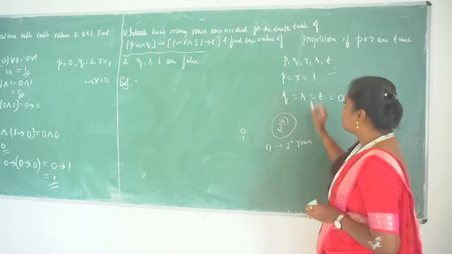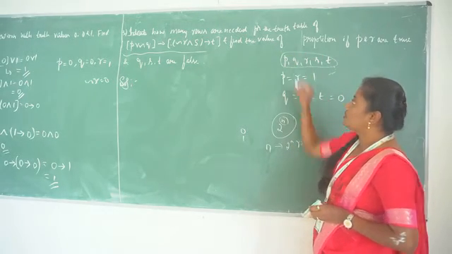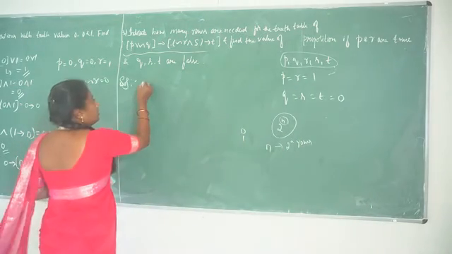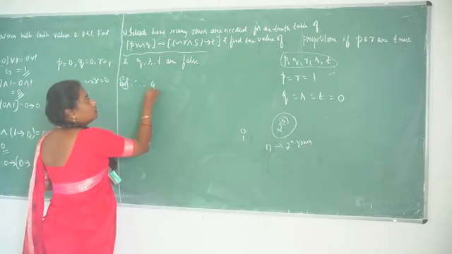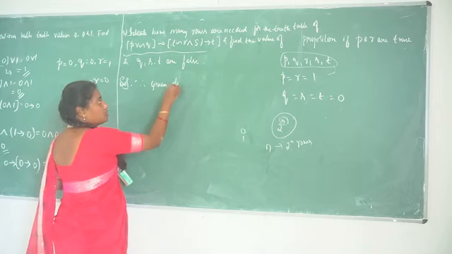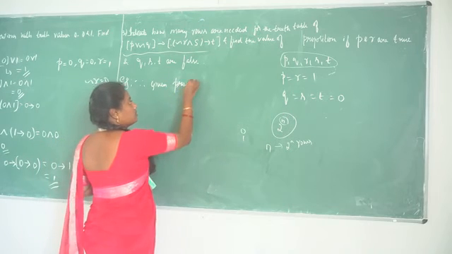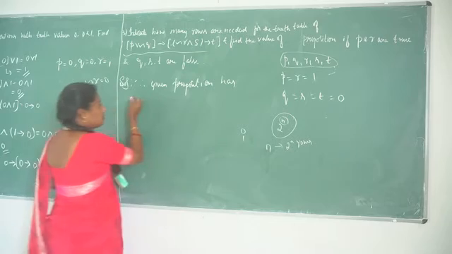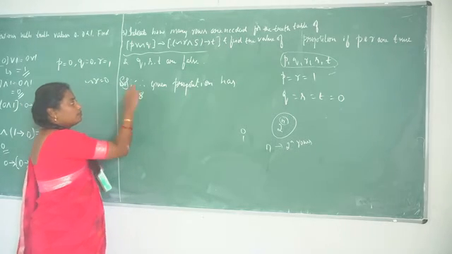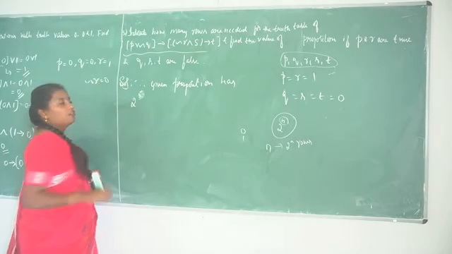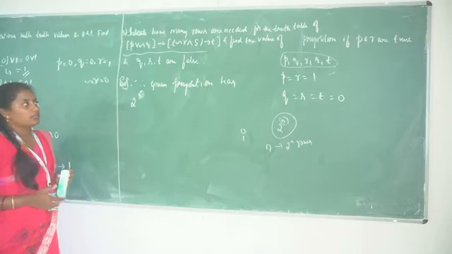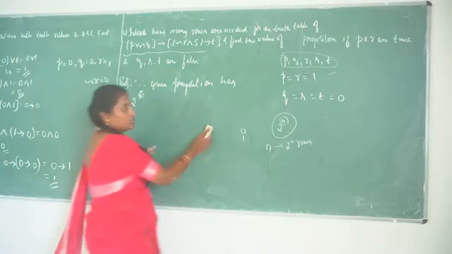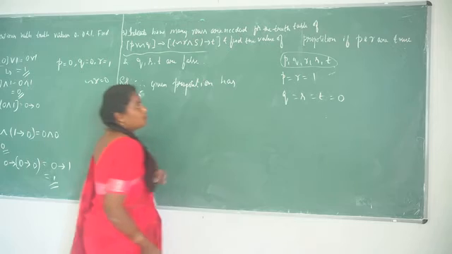According to this problem there are 5 propositions P, Q, R, S, T, so the compound proposition has 2 to the power of 5 rows.